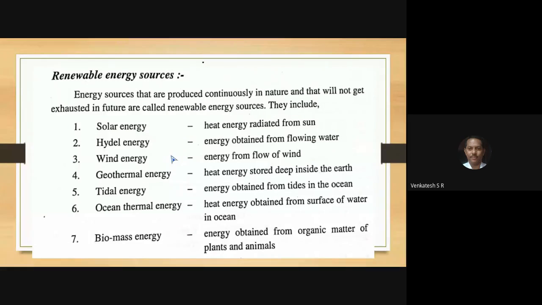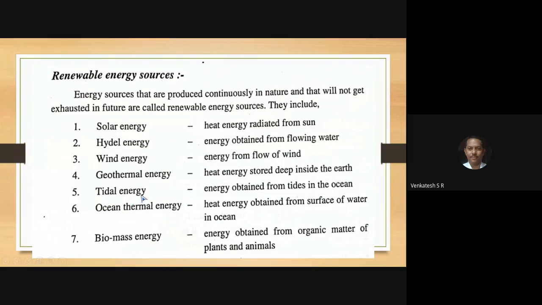Like that, the hot gas or hot air which is available inside the earth, you can dig a hole. From that, you can run the steam turbine, and from that steam turbine, you can couple the steam turbine with the alternator or generator. From that, you can produce the electrical power.